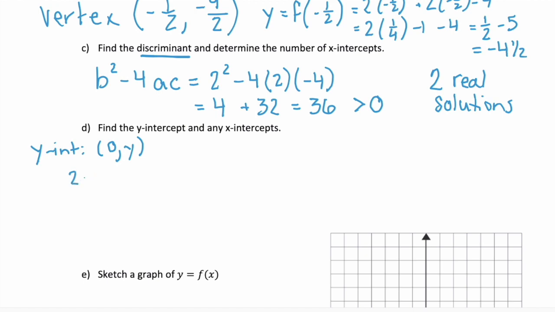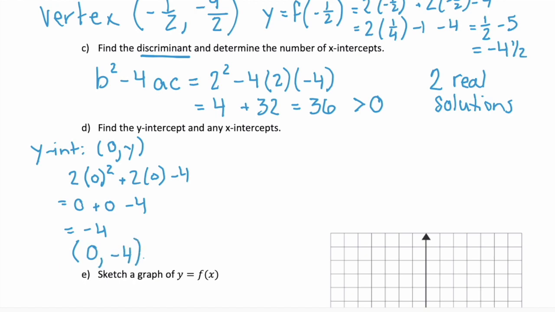So that would be 2 times 0 squared plus 2 times 0 minus 4. Well, that simplifies to 0 plus 0 minus 4, or negative 4. So our y-intercept, remember it's a point, so it's the point 0, negative 4.